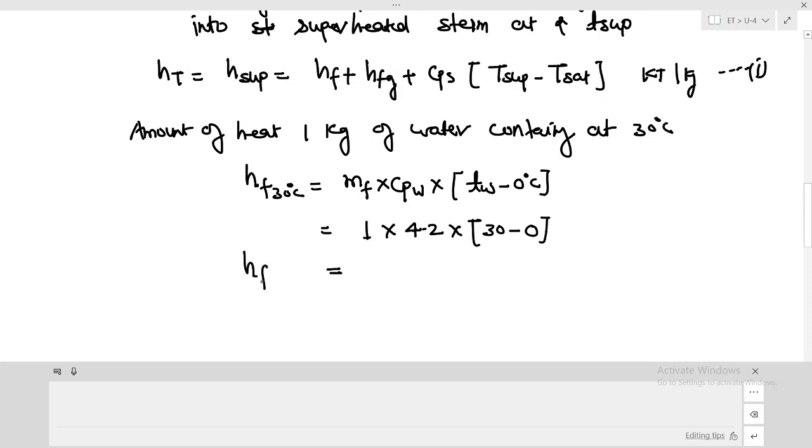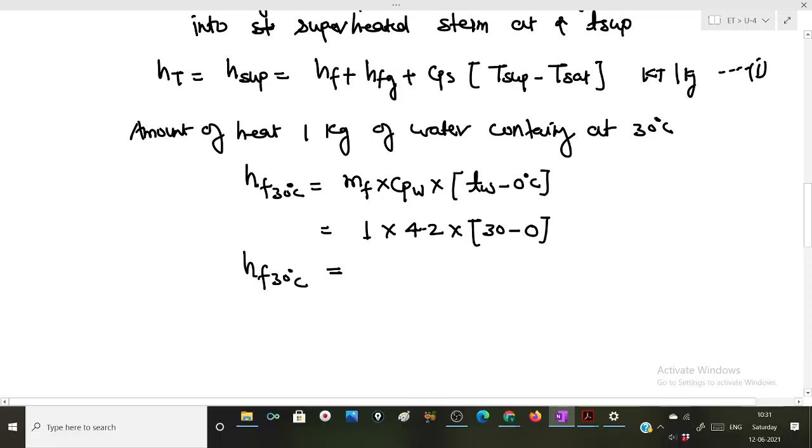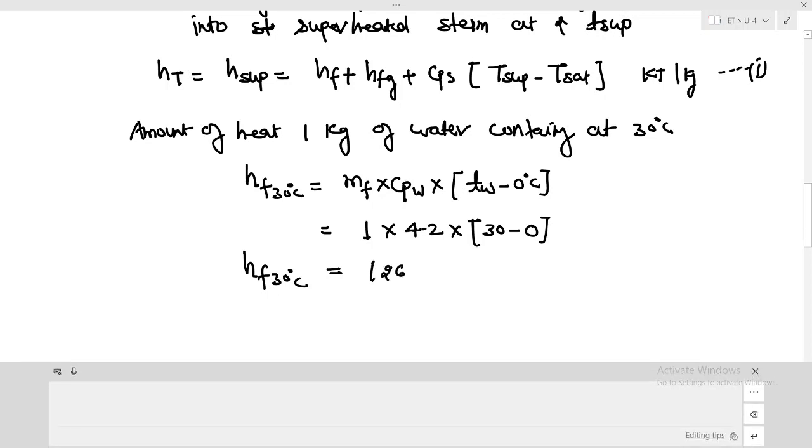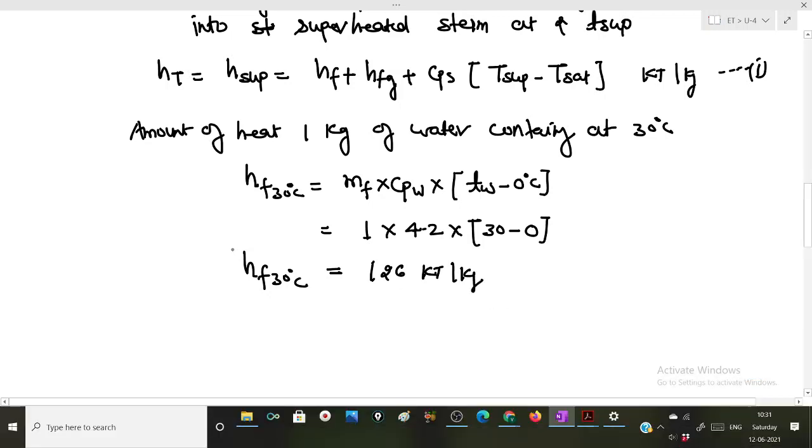So the enthalpy of water at 30 degrees Celsius comes out to be 126 kilojoule per kg. Okay, equation number 2.